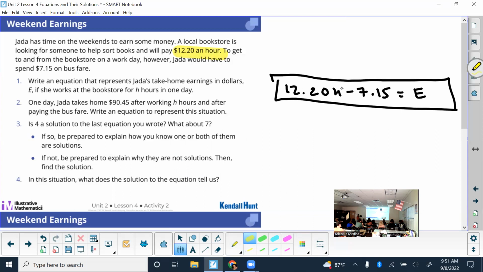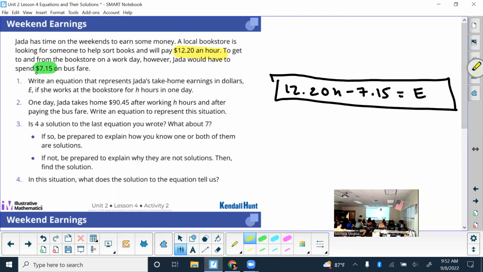Multiply by however many hours you work. Why do we have to subtract the 7.15? That's how much she spent just to get to work. So that takes away, which would be subtraction, from her take-home earnings, which is represented by the E.